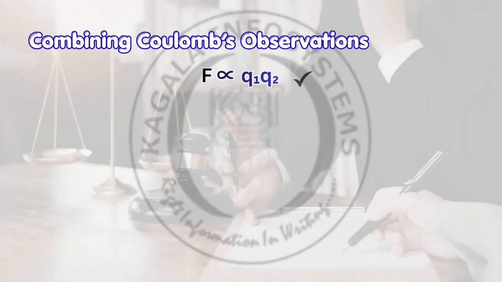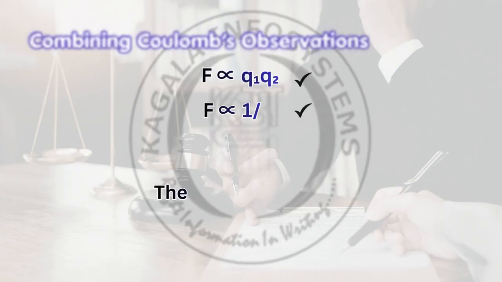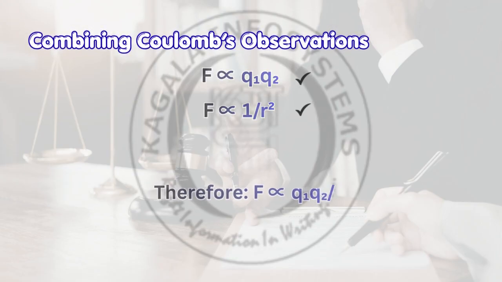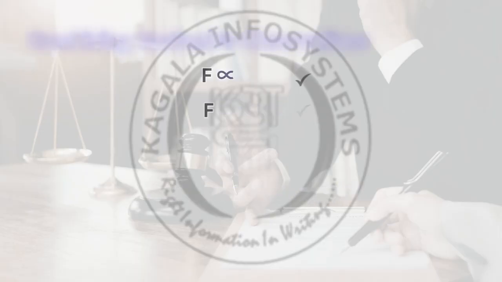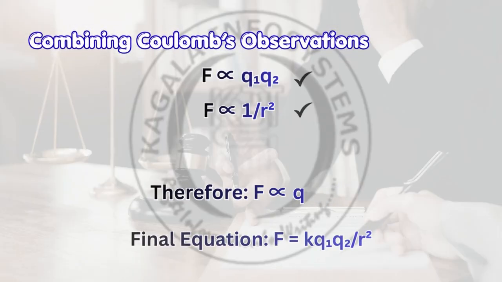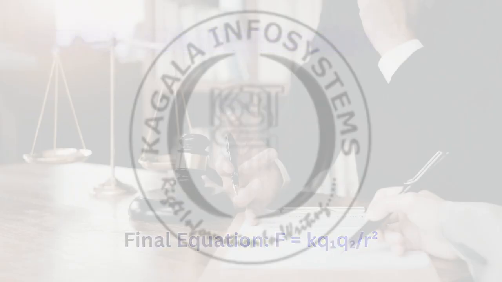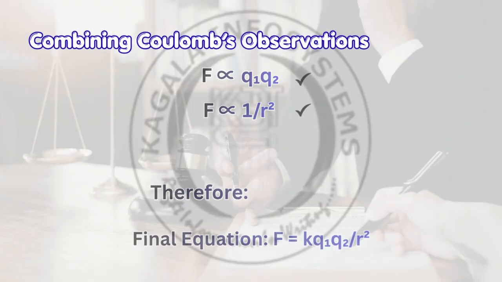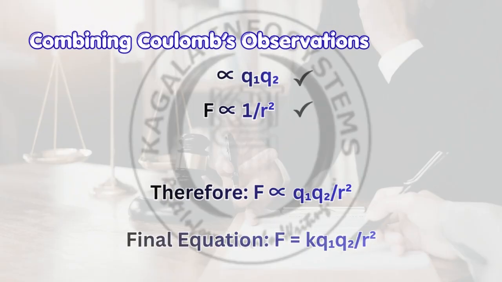Combining both observations, we get that force is proportional to the product of charges divided by the square of the distance between them. Removing proportionality gives the complete mathematical expression of Coulomb's law.